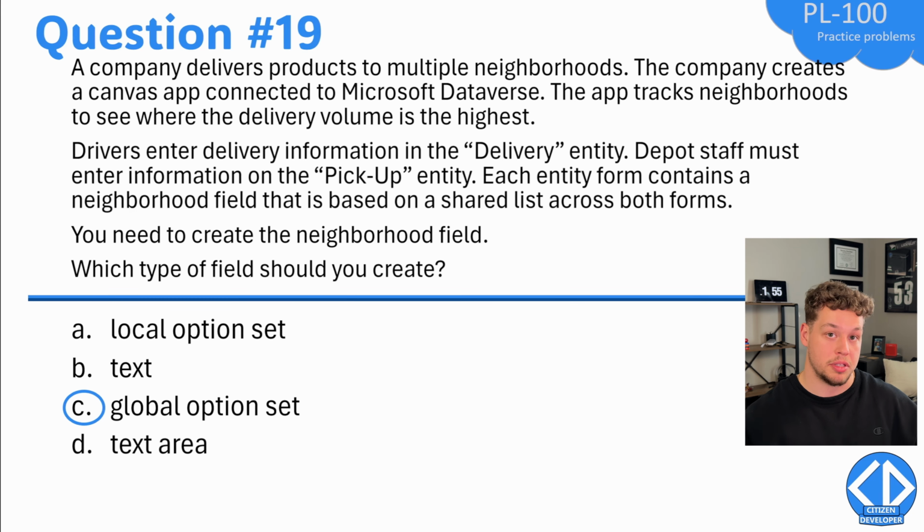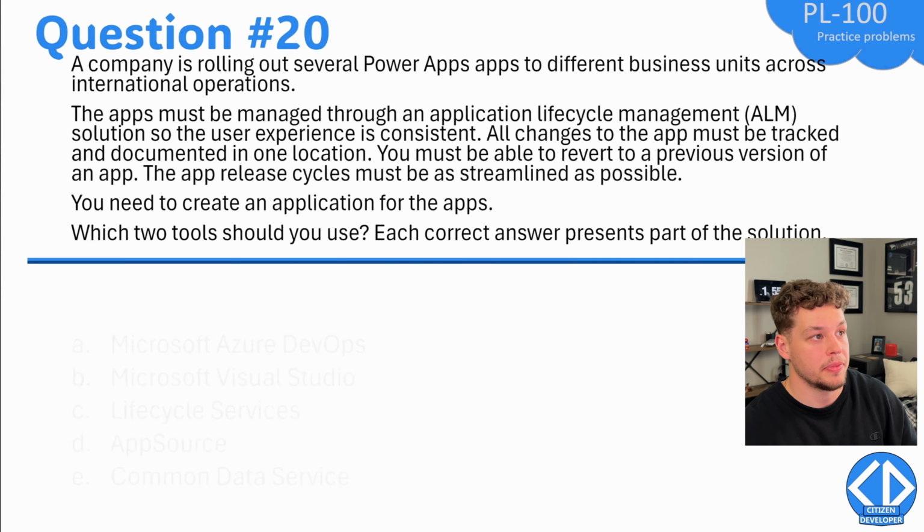You can do that for both tables. If you used a local option set and a neighborhood changed, which this suggests happens more regularly, you would have to go into each neighborhood field and update them. It's not using a shared list. So this is going to be done with C, a global option set.